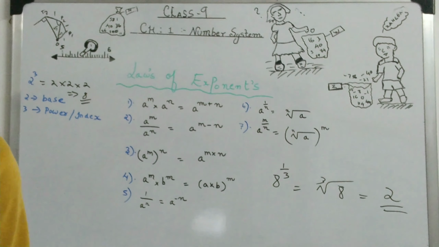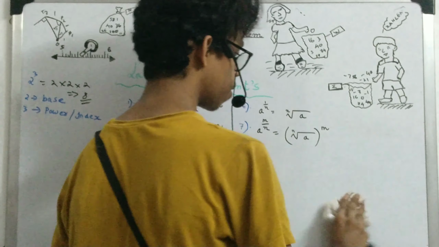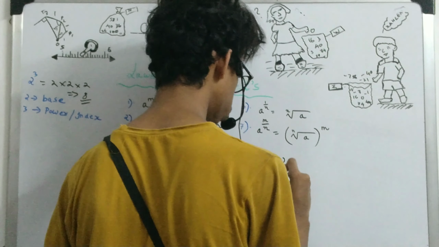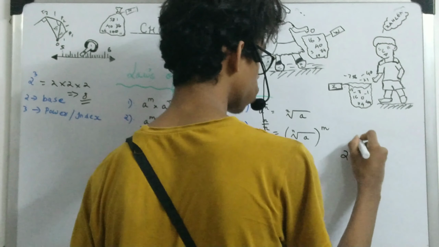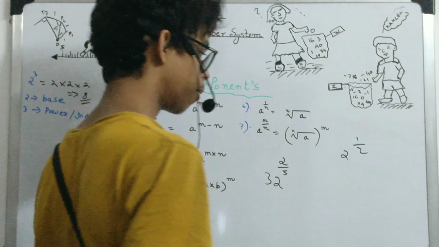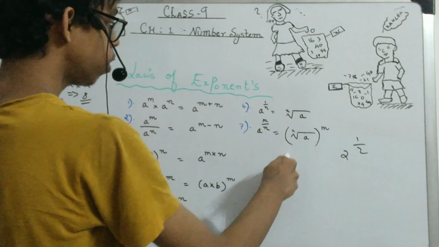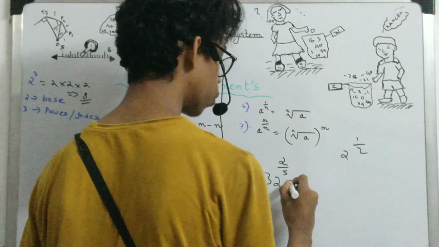Now our next identity is a raised to m by n is equal to nth root of a the whole raised to m. We will take an example for this seventh one, 32 raised to 2 by 5. In the previous one, it was like 2 raised to 1 by 2, where the numerator was only 1. Now here we have a particular value for both numerator and denominator. So how will you write this?